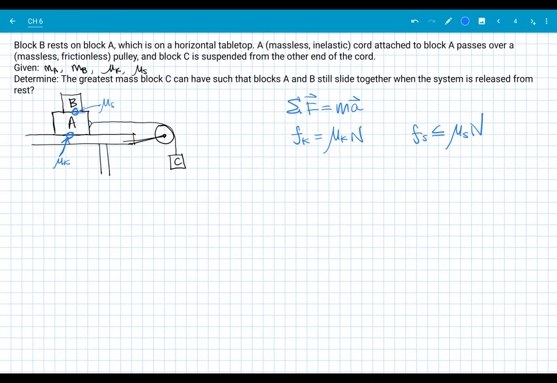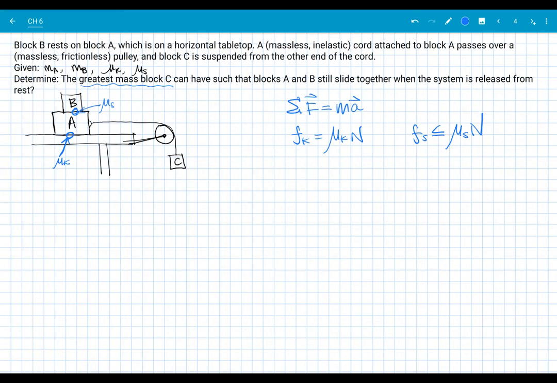So if that's still feeling kind of strange to you, I would say go back and review that. In these problems, this is why I ask for a lot of what is the greatest mass block C can have. So what I'm wanting is that maximum. I'm wanting it to be necessary to apply the maximum amount of static friction.